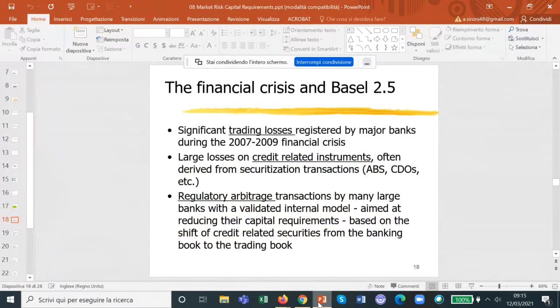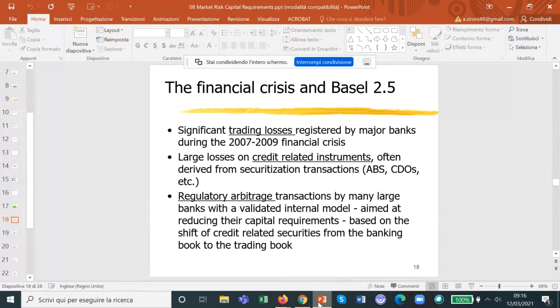Now, what happened afterwards? We had two additional important steps. First of all, during the great financial crisis, we had quite a number of banks who recorded very significant losses in the trading book, okay? Now, these losses were actually often related to credit instruments.